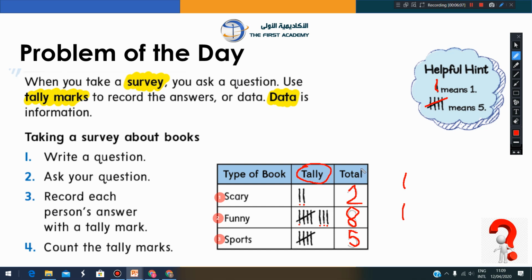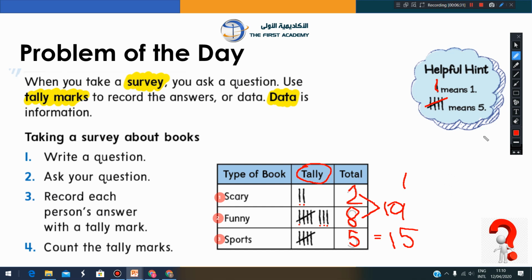So now, if we add all the numbers together, we know how many people we asked. So 8 plus 2 means 10, and 5. So it means that we asked 15 people the same question. We asked 15 people which book they like.